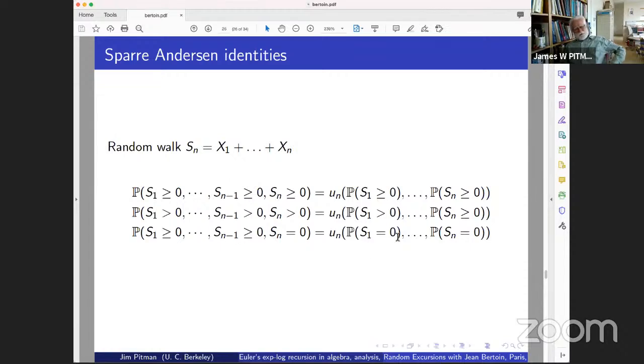Anyway, I find it slightly mind-boggling that these probabilities are related. These probability relations occur according to exactly the same polynomials, up to rather trivial factorial factors, as the ones that appear in the moment cumulant identity.